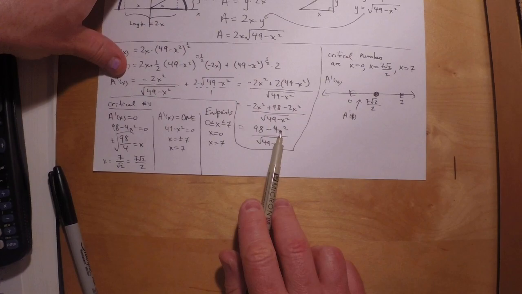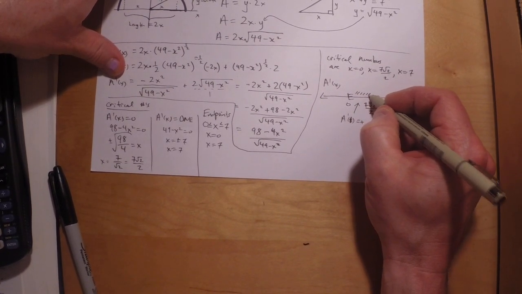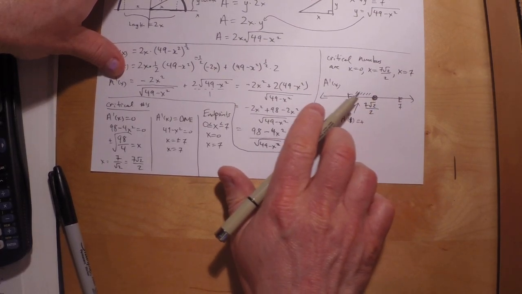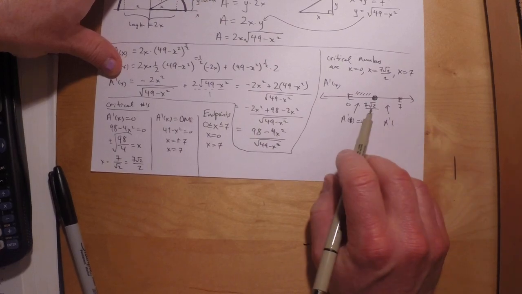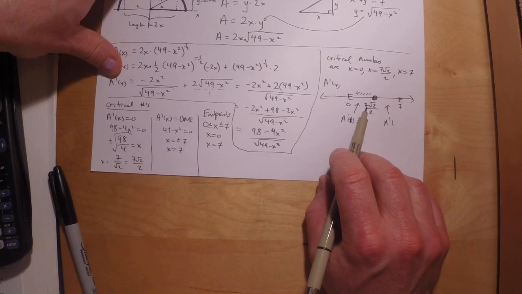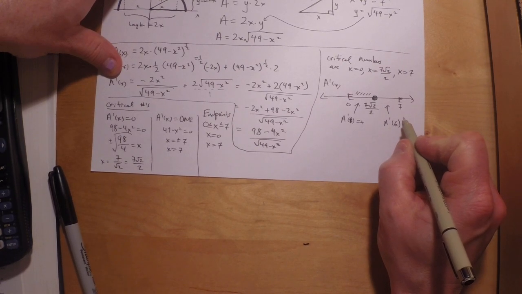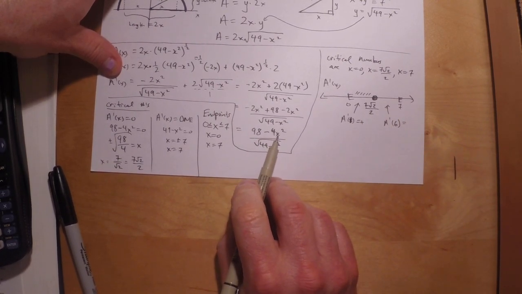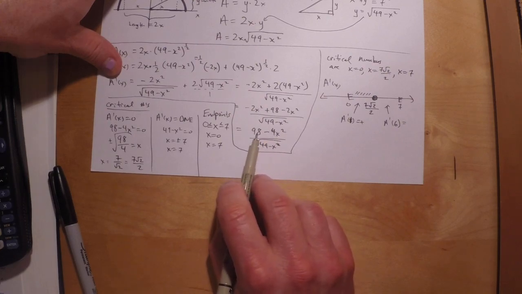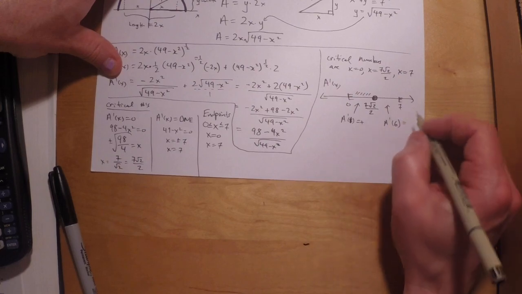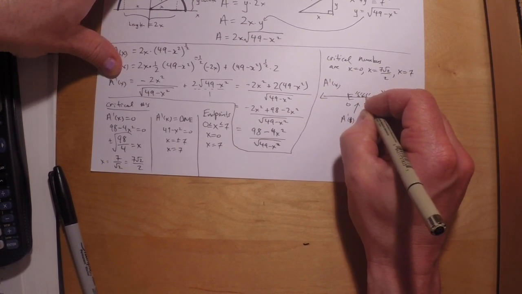When I plug 1 in for x, that's positive, so this is a positive value, which I was anticipating because I know this is going to be a max, but I'm just proving it to myself. And plugging in here, 6 would be a good number to plug in. So plugging in 6, 36 times 4 is well bigger than 98, so this is negative and that's positive, so this is negative. So it's going down.